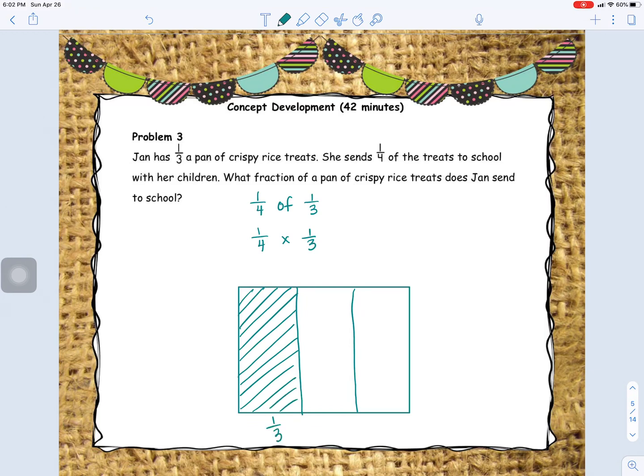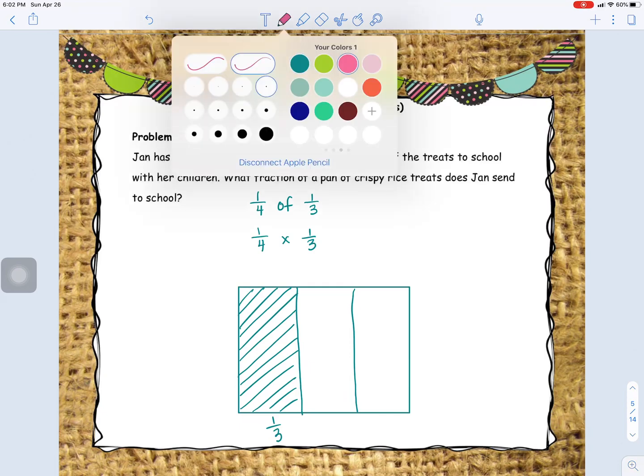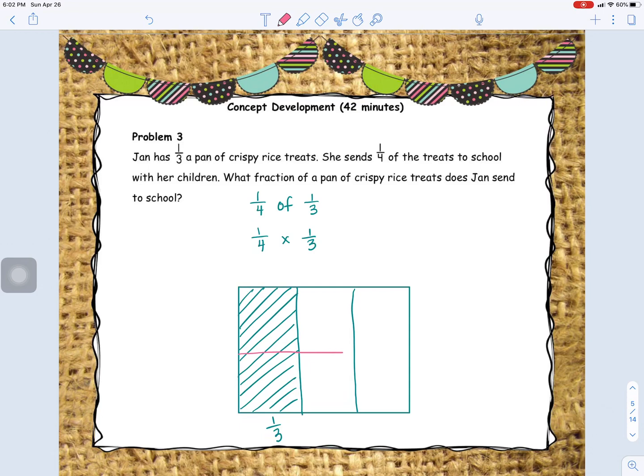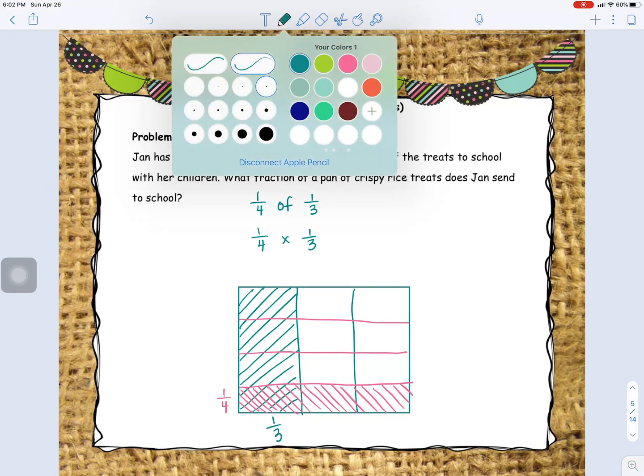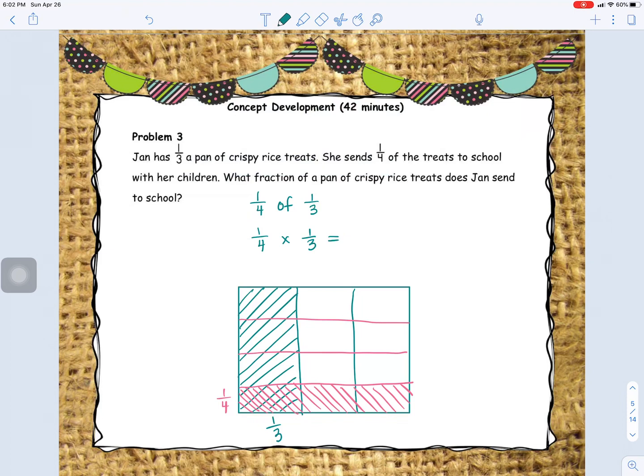Remember, start with your second fraction, and then we're going to divide it into fourths, going the other way. So this time, instead of half, I'm going to show fourths. And then I'm going to shade only one of those. So that's 1/4 of 1/3, and it should be 1/12, because 4 times 3 is 12.